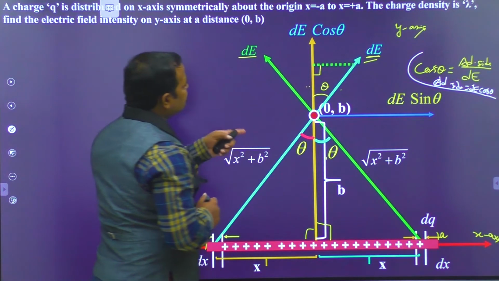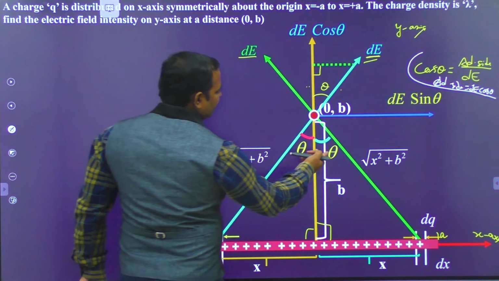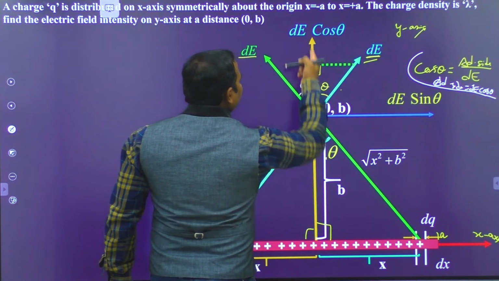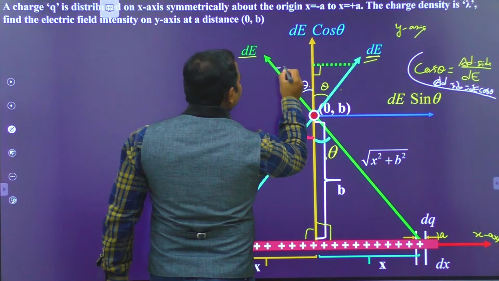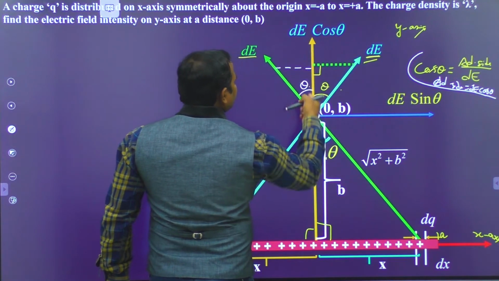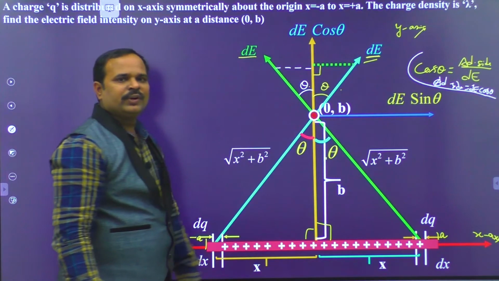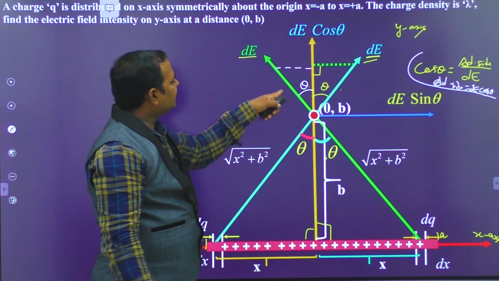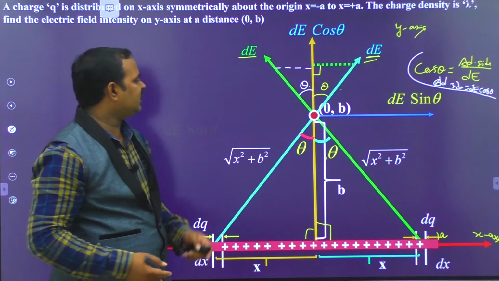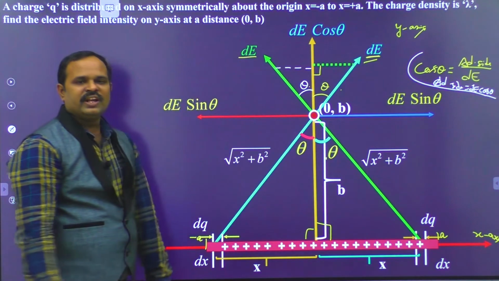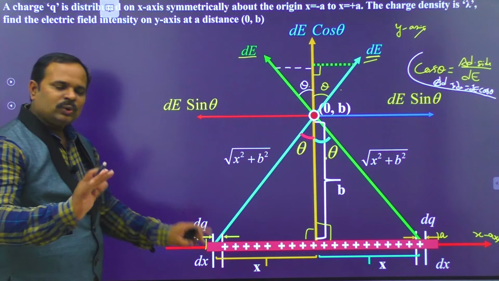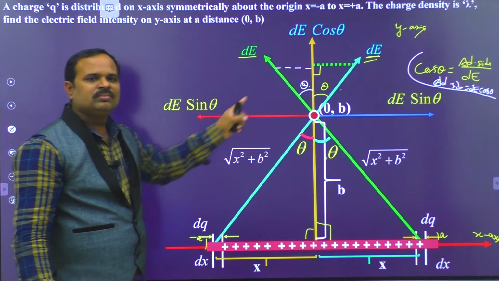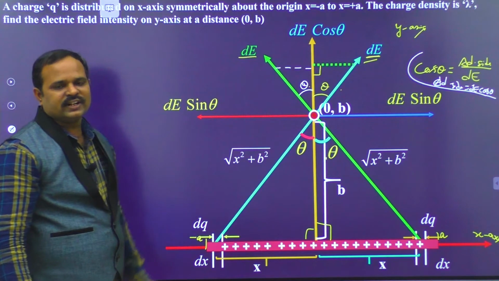Here again this is theta, so the adjacent side will be dE cos theta again, and the horizontal side will be dE sin theta. So we have resolved this electric field into dE cos theta in the vertical direction and dE sin theta in the horizontal direction.